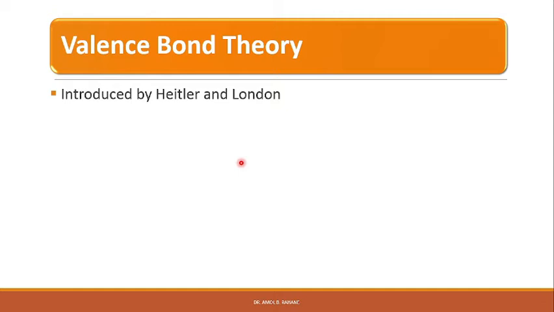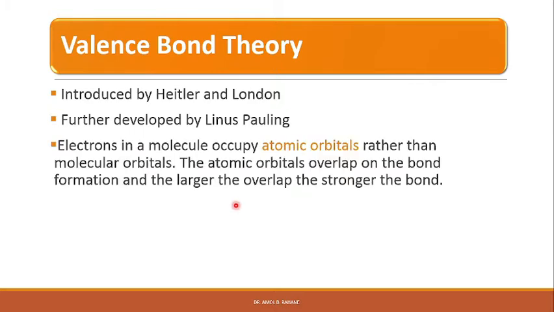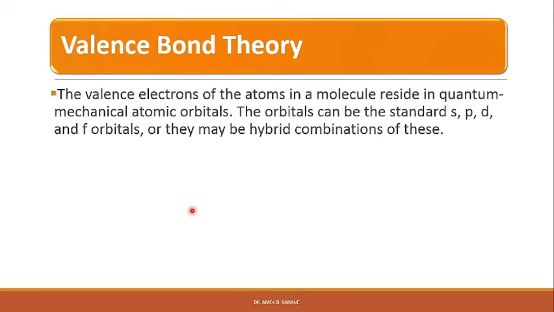The valence bond theory was introduced by Heitler and London, and it was further developed by Linus Pauling. Electrons in a molecule occupy atomic orbitals rather than molecular orbitals, and the atomic orbitals overlap on bond formation, and the larger the overlap, the stronger is the bond. The valence electrons of the atoms in a molecule reside in quantum mechanical atomic orbitals.